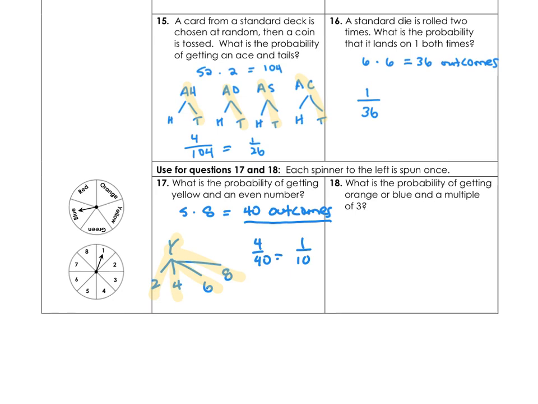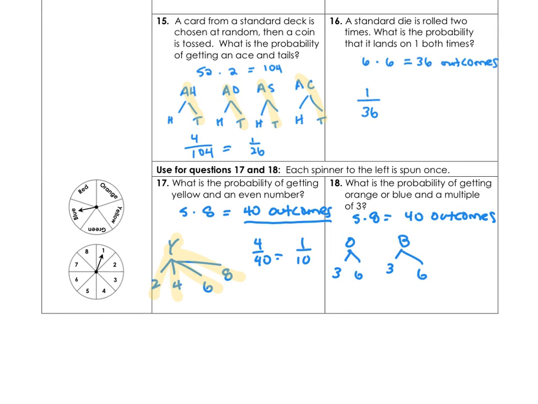What's the probability of getting orange or blue and a multiple of 3? All right, so again, my outcomes is going to be 40. So that is my denominator for my probability. And I've got orange or blue and a multiple of 3. So that's going to be orange 3, orange 6, blue 3, blue 6.